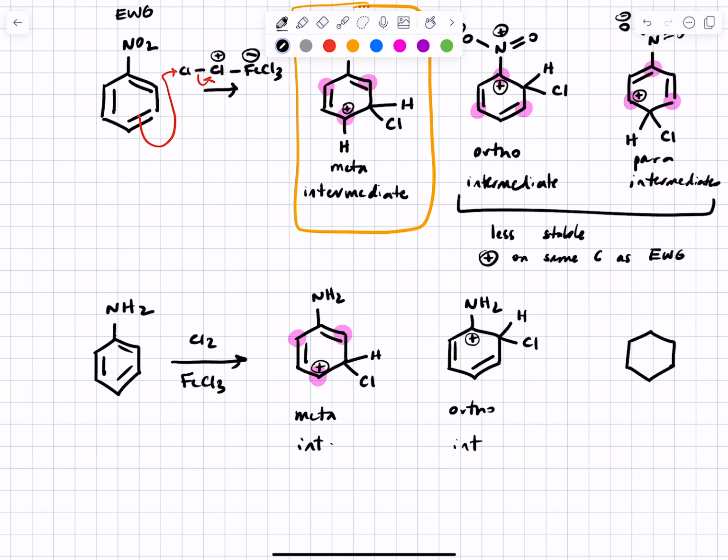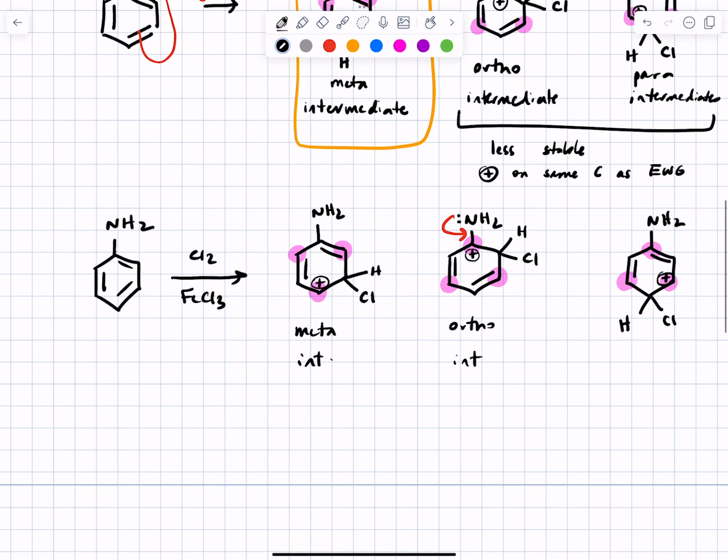You'll see that in both cases, for ortho and para substitution, we're going to end up putting the positive charge adjacent to the amino group, where lone pairs from the amino group can actually donate in to make a new pi bond, and we get access to this additional resonance structure where the positive charge from the ring is now out on the nitrogen.